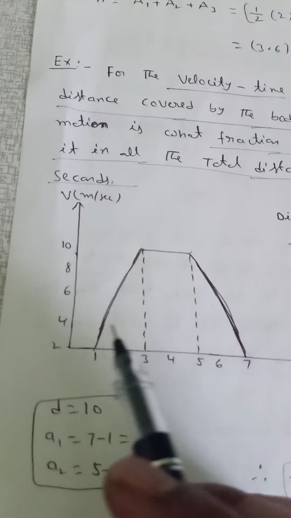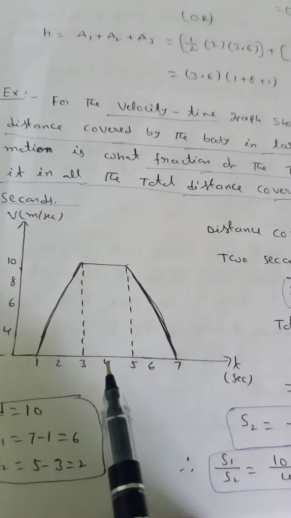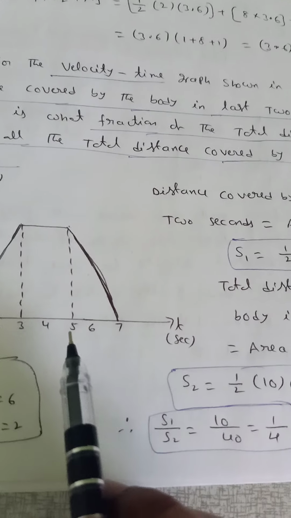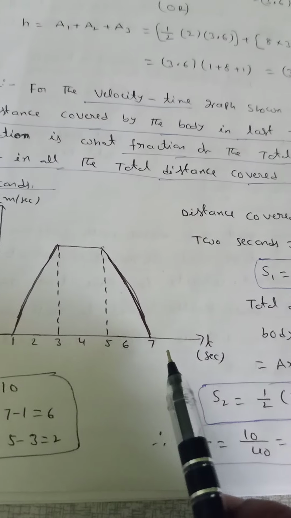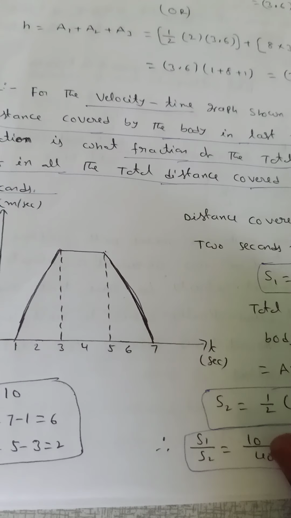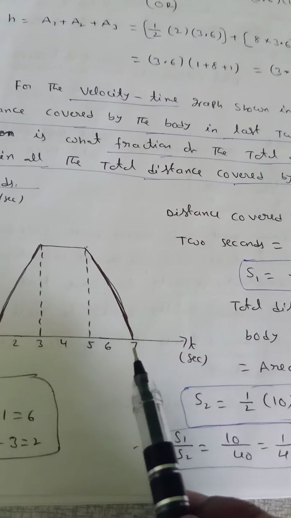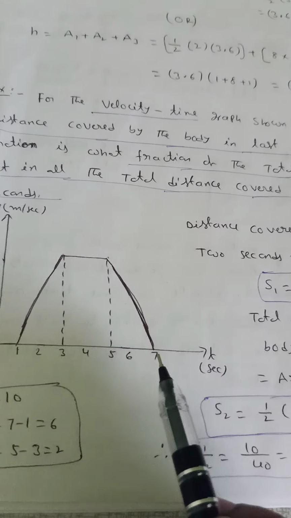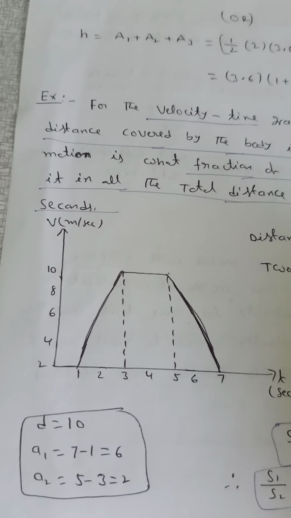That means the particle goes for a total of 7 seconds, and the last 2 seconds means 5 to 7 seconds. First of all, we calculate the distance covered in the last 2 seconds and also the total distance covered in all 7 seconds.